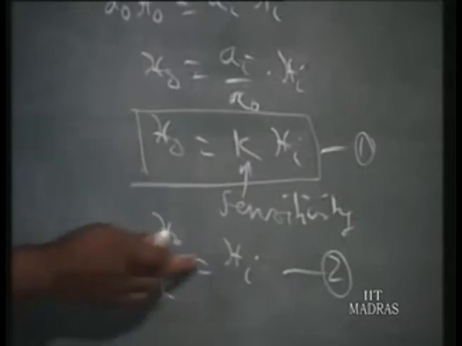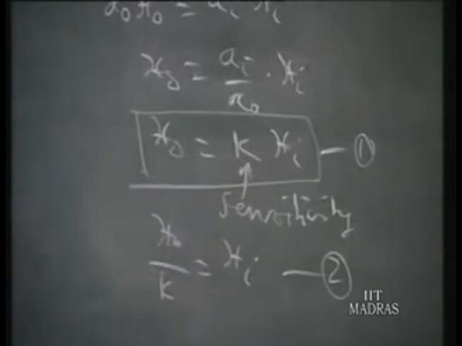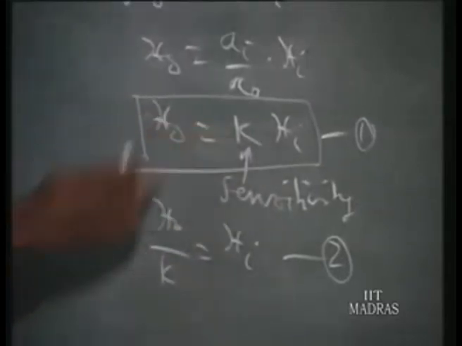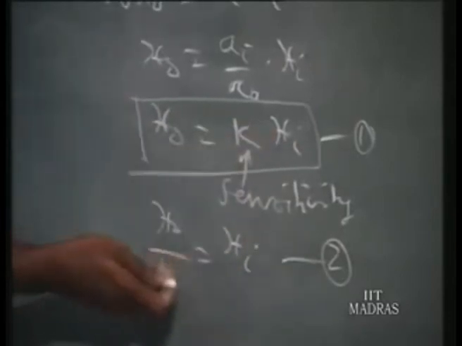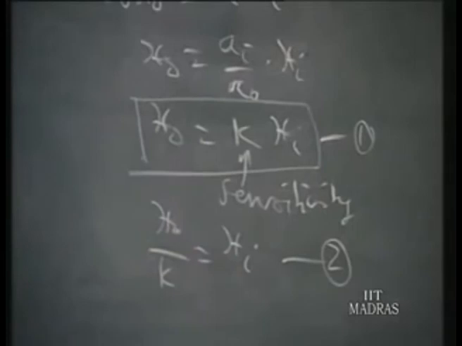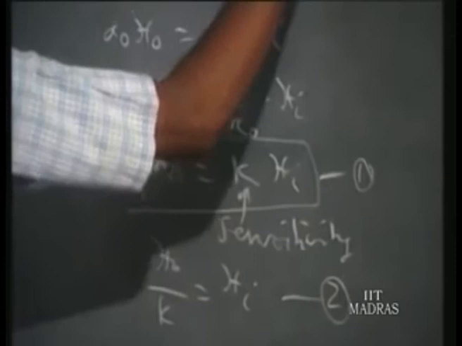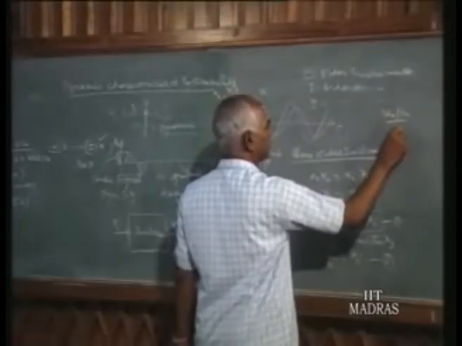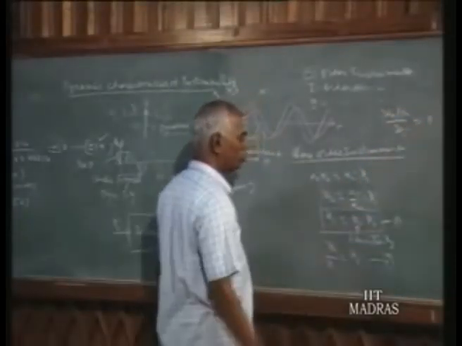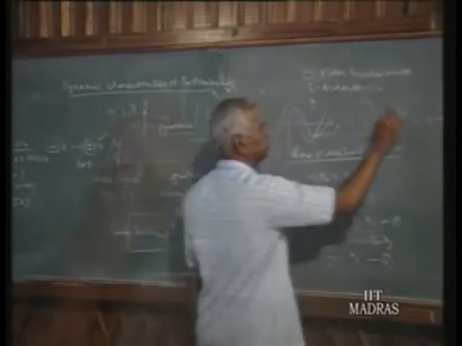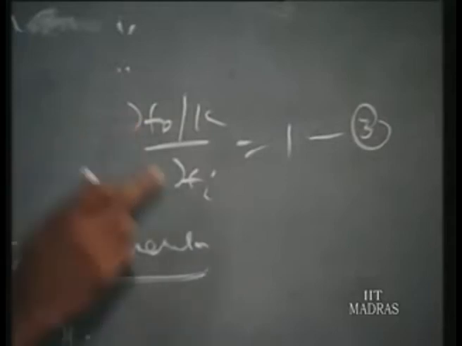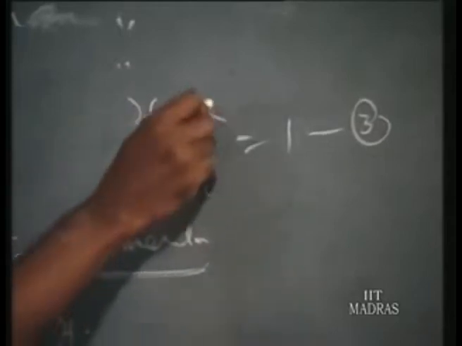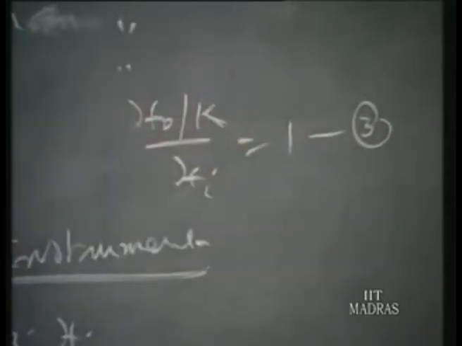For that purpose we can use the equation xo/k - xi = error. In the ideal situation, since there is no error, xo/k itself is xi. In another way, this can be expressed as (xo/k)/xi = 1. That is the proportionality equation. We say xo is perfectly proportional to xi if (xo/k)/xi is 1, the proportionality constant.